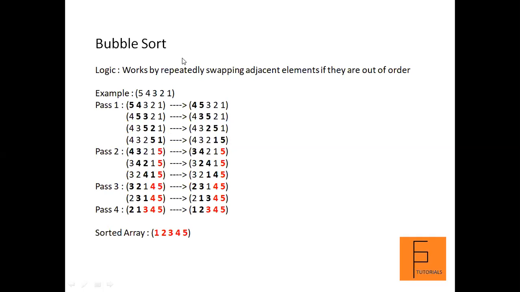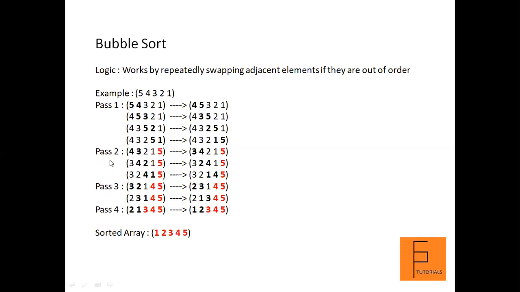The name stems from the fact that the elements move like a bubble from their current position to the position that they should be in. The current position of 5 is the first position in my array. Like a bubble, it will float, one after the other, to the last position, which also happens to be its correct position.